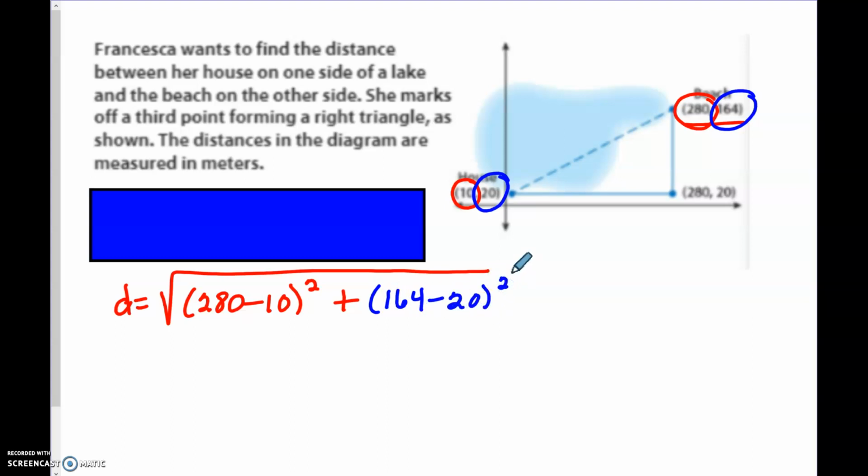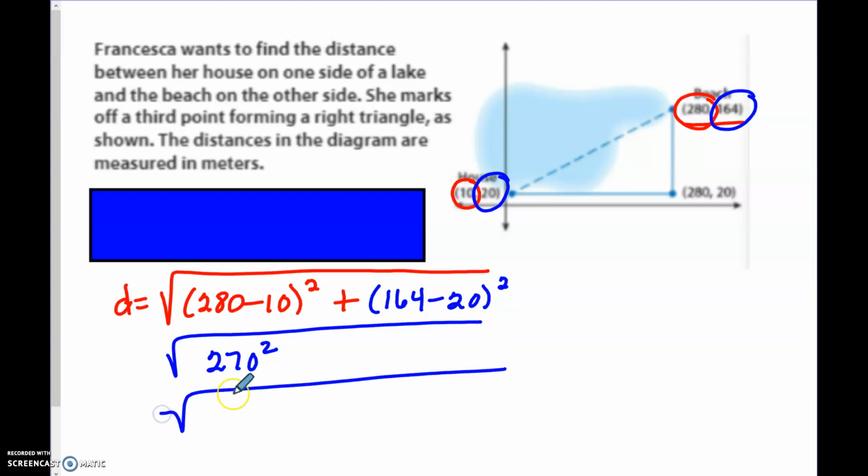All right, so 280 minus 10 is going to be 270 squared. 270 squared is a really big number. We get 72,900. 164 minus 20 is going to give us 144 squared, and 144 squared is 20,736.